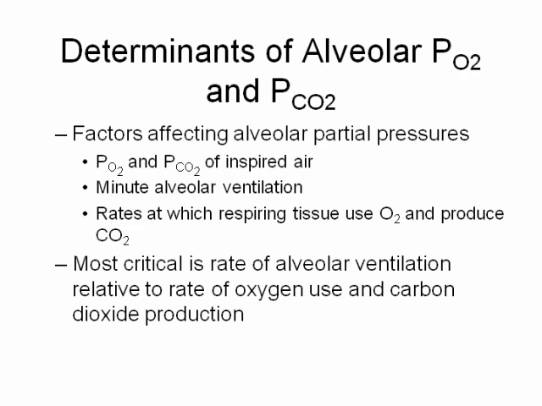So what are the determinants of these partial pressures in the alveoli? Well, first of all, the partial pressure of oxygen and CO2 of the inspired air. Again, if we go to a higher altitude, let's say Denver, there are fewer gas molecules in the atmosphere because it's higher up. Gravity is, of course, exerting a lower amount of pull on the gas molecules.